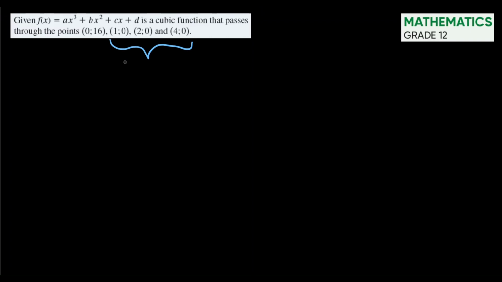The relationship is that they all have the y-coordinate to be 0, which signals that these are x-intercepts. And the other point here has x to be 0, which means this will be our y-intercept. So in essence, we're given 3 x-intercepts and 1 point on the graph.